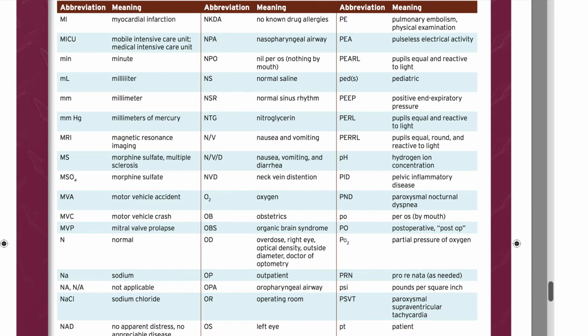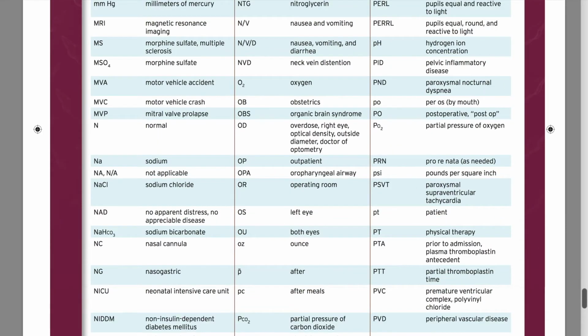Following Rule 1, when we join combining form gastro, meaning stomach, with the combining form entero, meaning intestines, we keep the combining form vowel O. Following Rule 2, when we join the combining form entero, meaning intestines, with the suffix ology that starts with a consonant and means the study of, we keep the combining form vowel O.